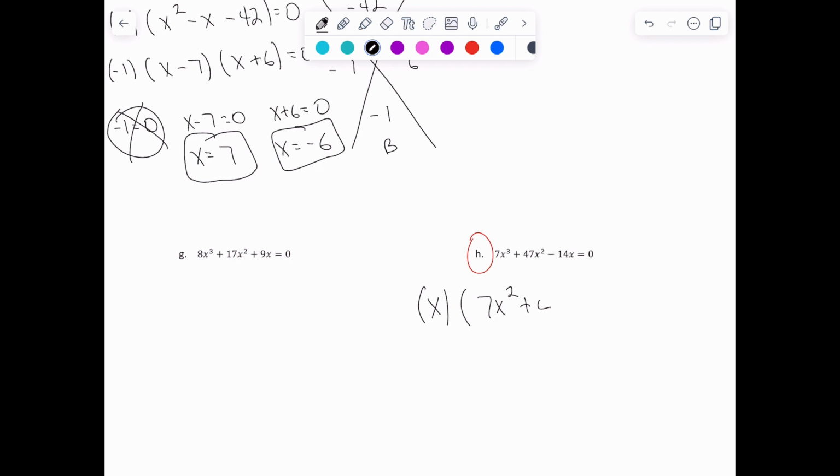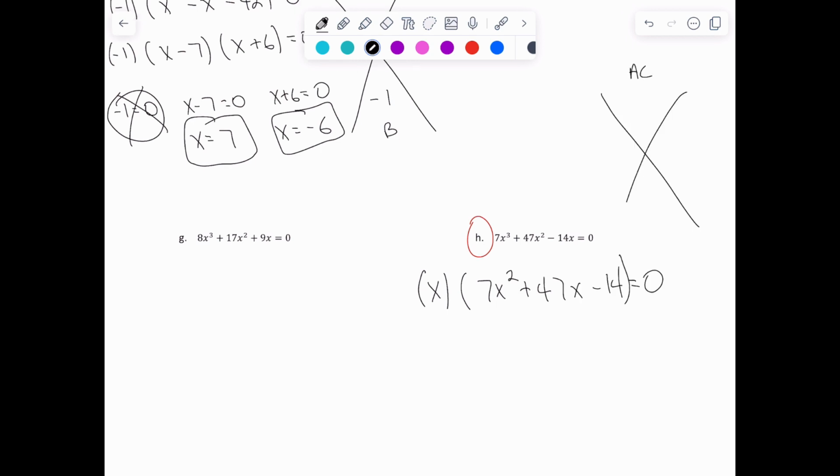So now I'm looking for factors of A times C that when added give me B. So AC up here is 98, and then my B is negative 47. Well, I'm looking for factors of A times C that when added give me B. It is actually 49 and negative 2.